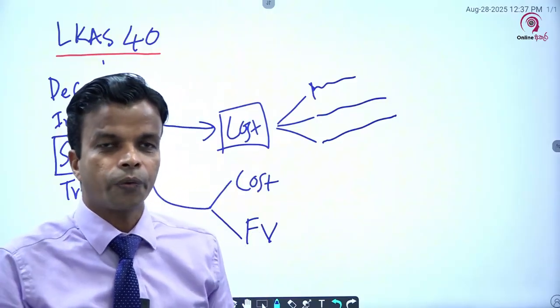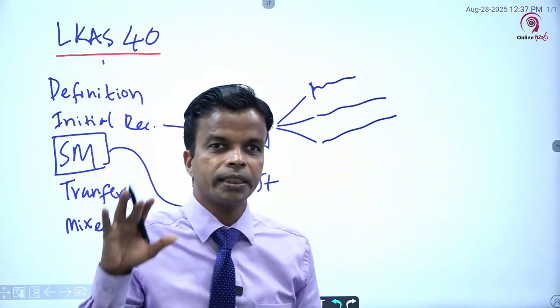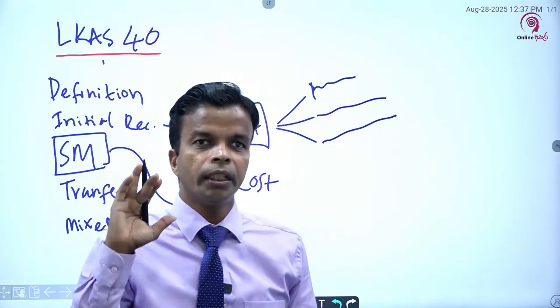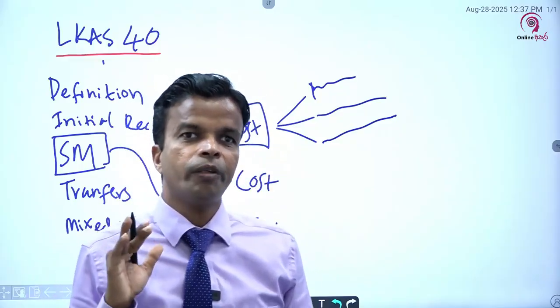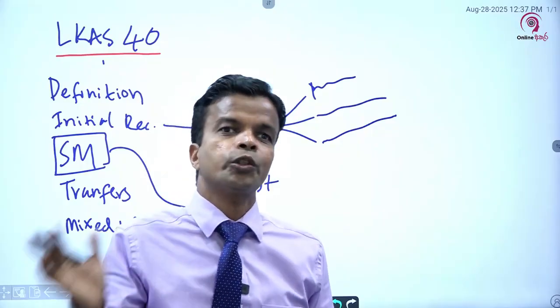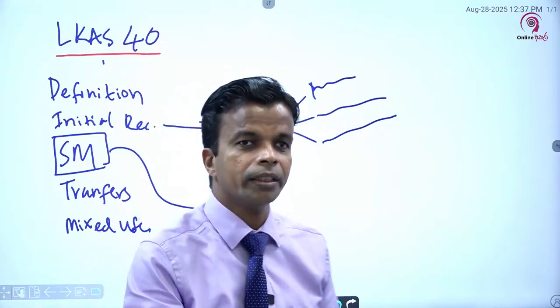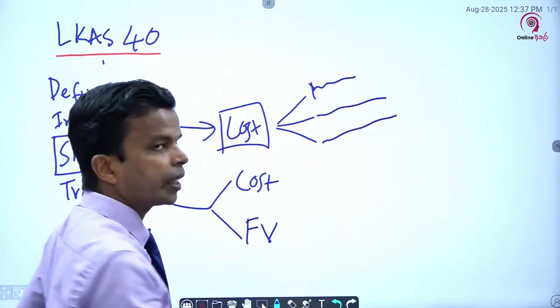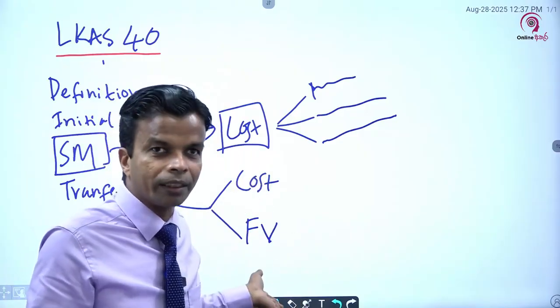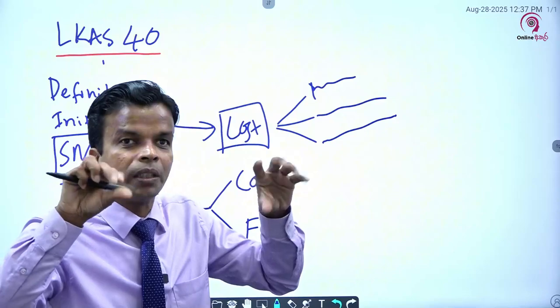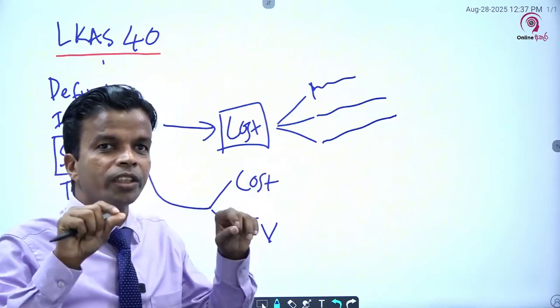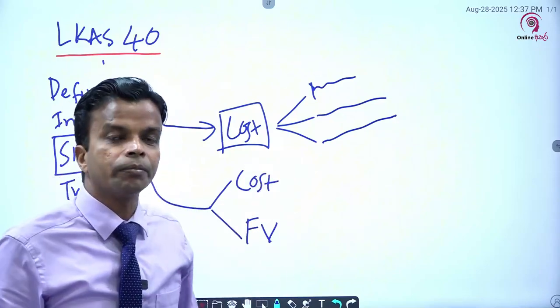That is wrong. Revaluation is discussed only under LKS 16 Property, Plant and Equipment, and LKS 38 Intangible Assets also, though that is applied but not in practice. But when it comes to investment property, even though those are land and building, those are investments. So when you say investments, the fair value concept comes in.